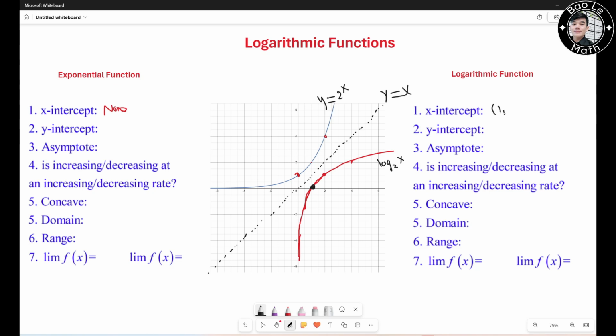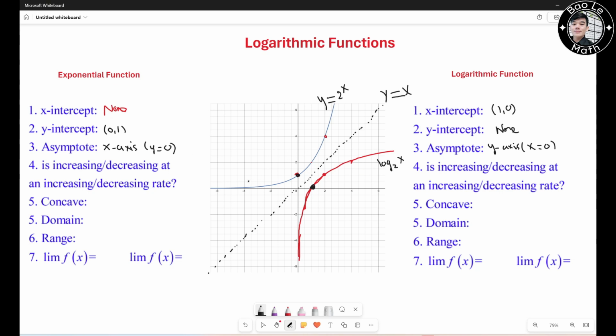Now the y-intercept for the exponential function is going to be (0, 1), and the y-intercept for the logarithmic function is none. The asymptote of the exponential function is the x-axis, y equals 0. The asymptote for the logarithmic function is the y-axis, x equals 0.